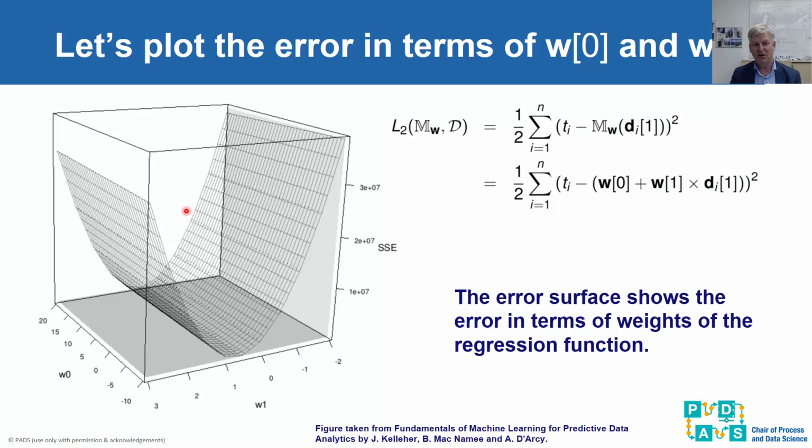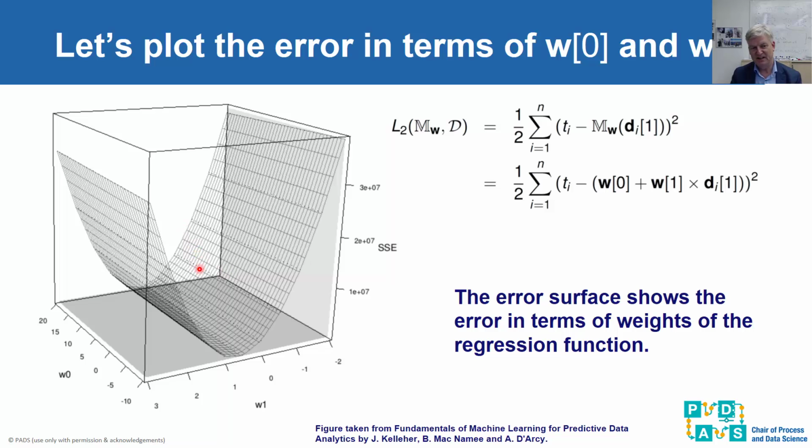So if we plot the error function that we looked at before in terms of the different candidate values for W1 and W0, this is what we see.